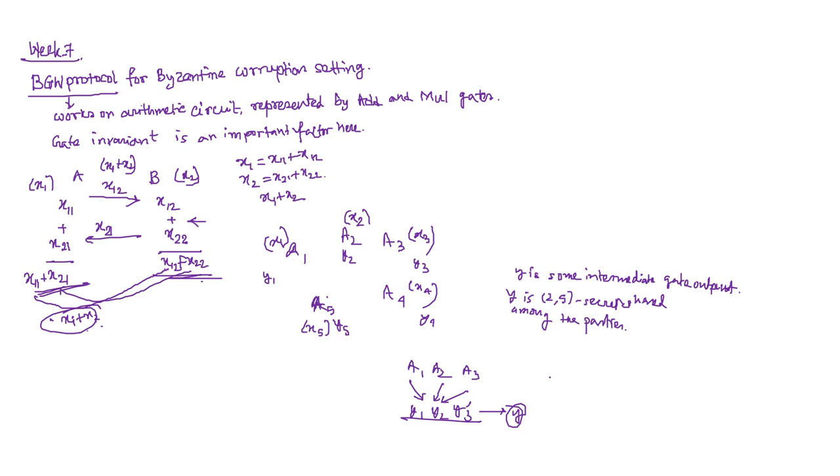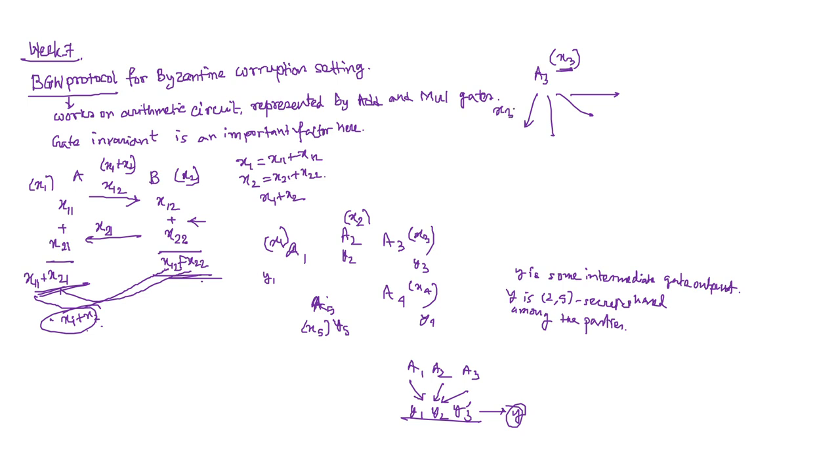Essentially two properties. One is that if the dealer is corrupt, then the dealer should be caught, because the dealer means who is doing the initial secret sharing and distributing among the parties. The dealer could be one of the parties also. So if in this 2 out of 5 scenario A3 is the dealer who is corrupt, then at the very beginning while sharing its own input x3, instead of giving the real shares of x3, it can distribute all fake shares of x3.